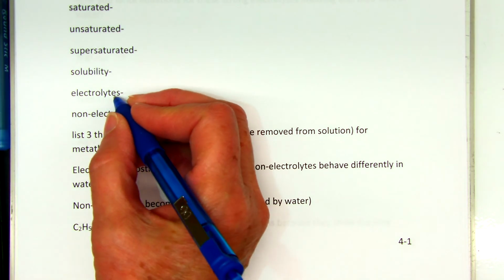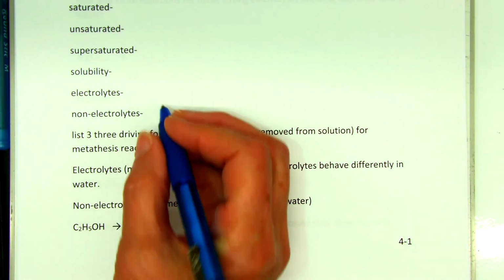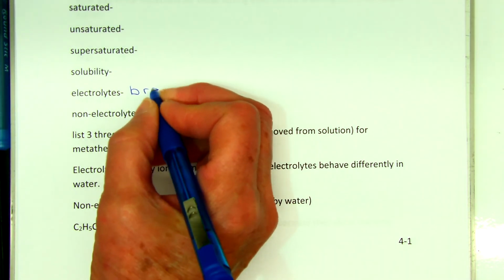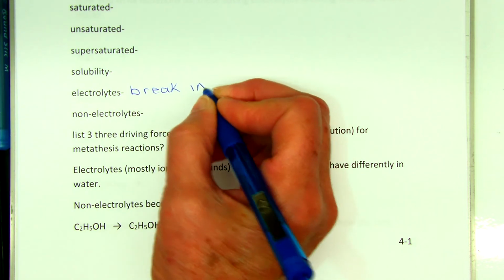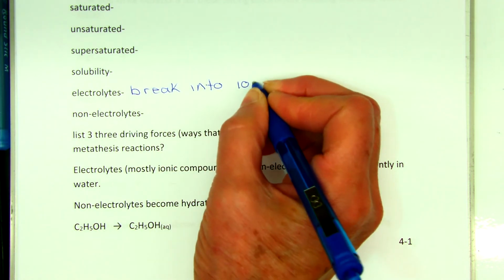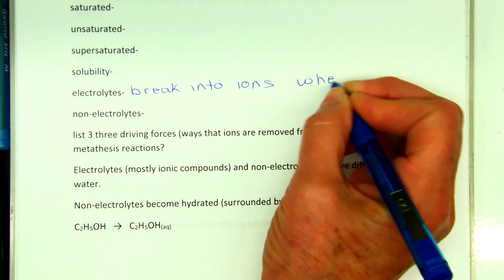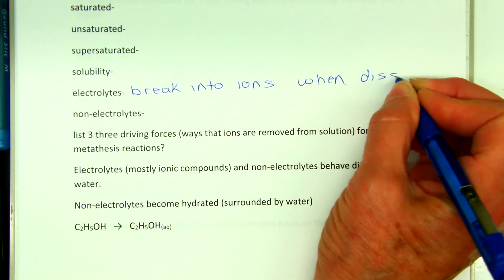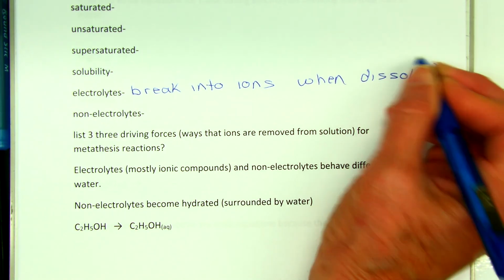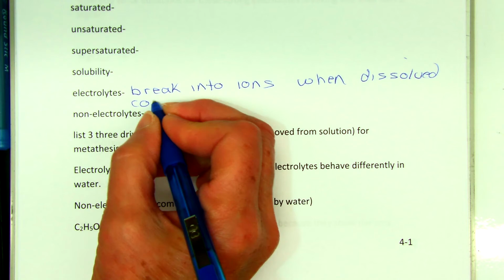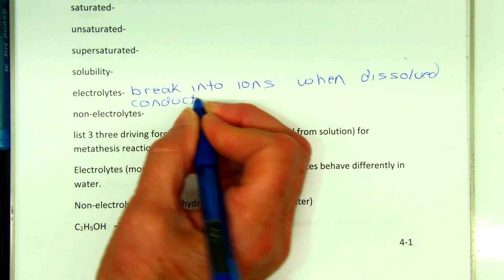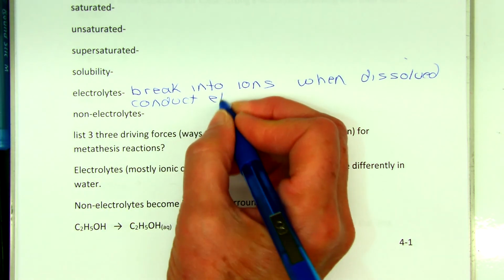So electrolytes, for our chemistry definitions, are things that break into ions when dissolved in water. And because they break into ions, so there are ions swimming around in solution, they conduct electricity. The solution conducts electricity.